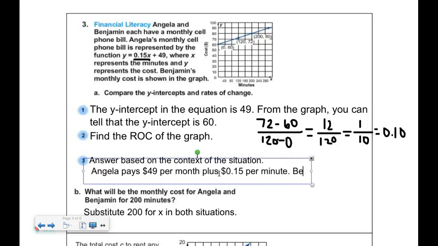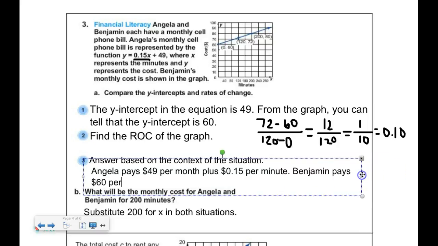And Benjamin pays what? Benjamin pays $60 per month plus 10 cents per minute.